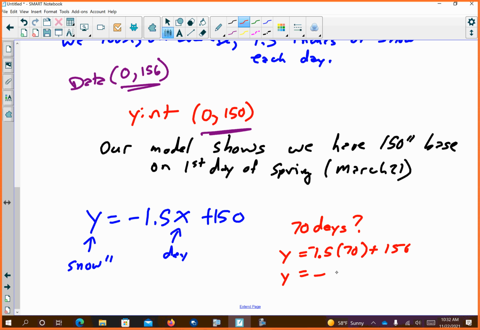Yeah, 1,050. Oh, it should have been 1.5, so it'll be 105. Should be 105 because I forgot to tell you the decimal. Sorry about that. So basically, after 70 days, we should have 45 inches of snow left.